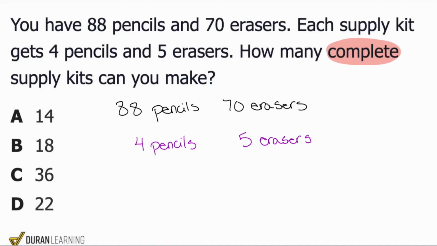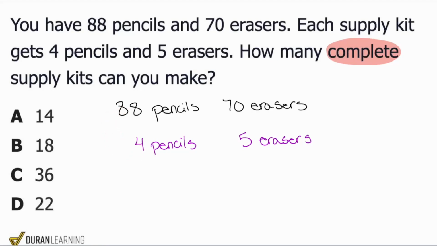Sounds good. So everybody, if we ask ourselves, how many complete supply kits can we make? Well, here's what your typical student is going to do. Your typical student will look at this and say, all right, how many can we make? Well, if I have 88 pencils and I'm using 4 pencils for each kit, I'm going to divide.